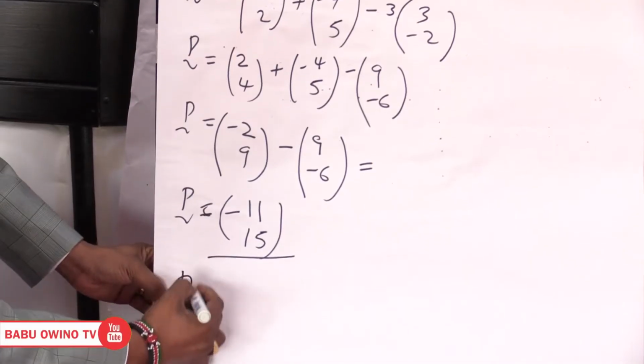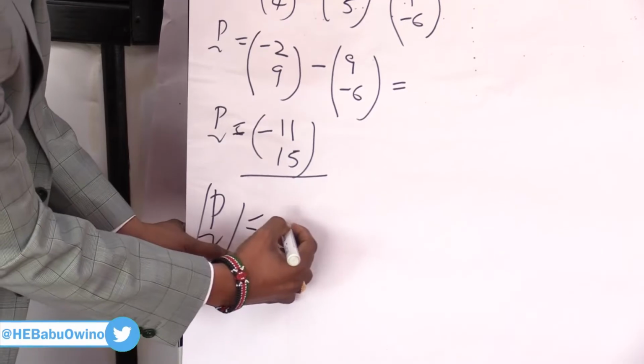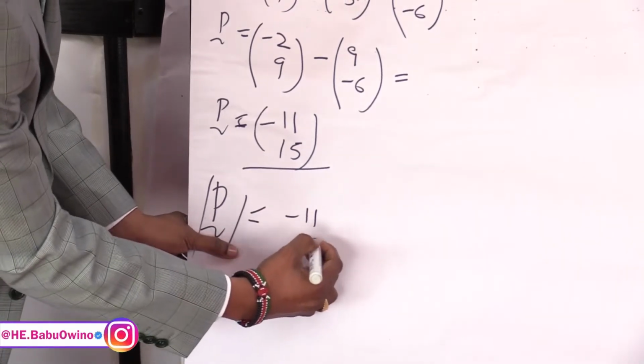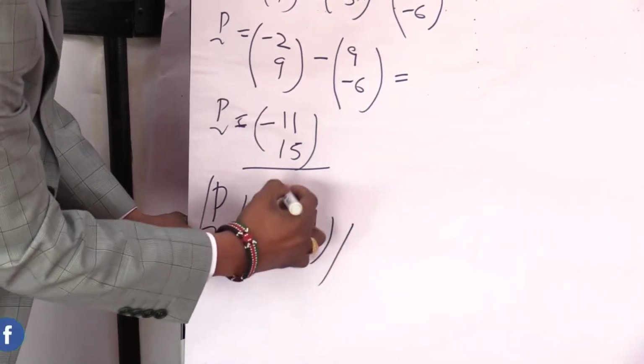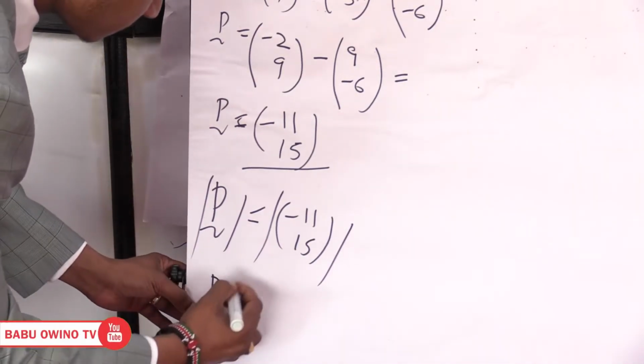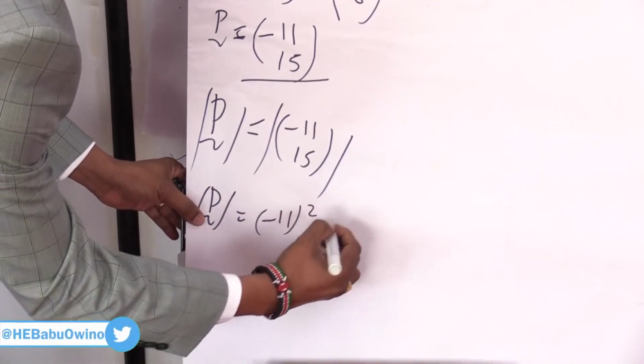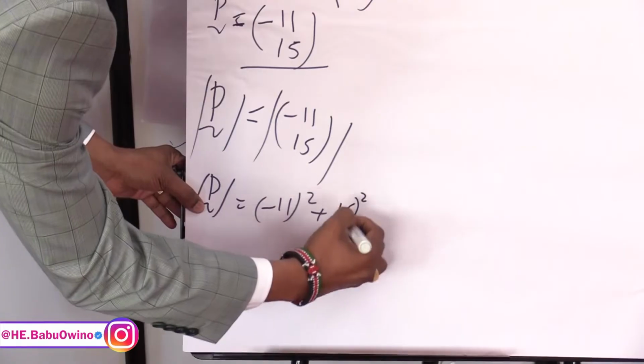But we are told to find the modulus of P. So the modulus of P, or the length of P, equals to that. You replace the brackets with that sign. So simply the modulus of P equals to the square root of minus 11 squared plus 15 squared.